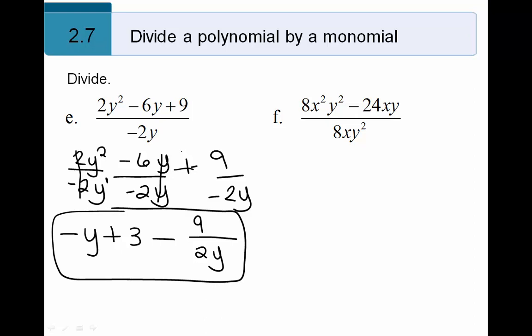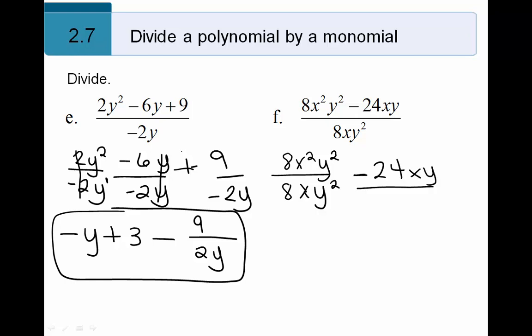In example F, we have a binomial divided by 8xy to the second. So we have 8x squared y squared divided by 8xy squared, and a negative 24xy divided by 8xy squared.